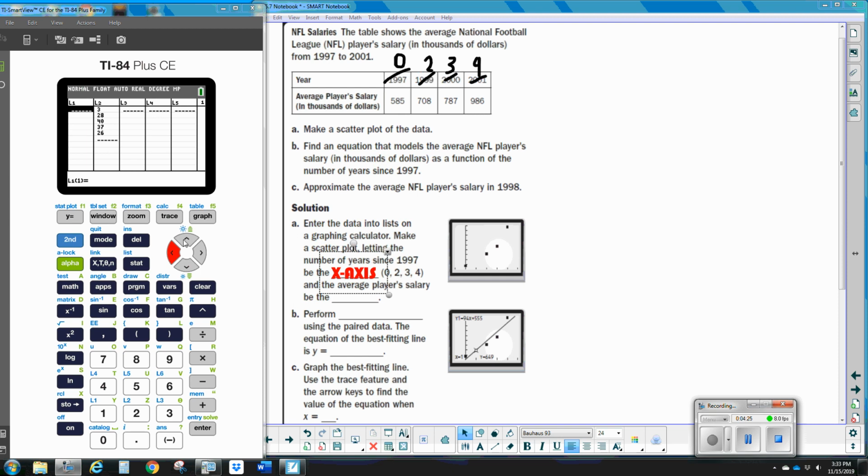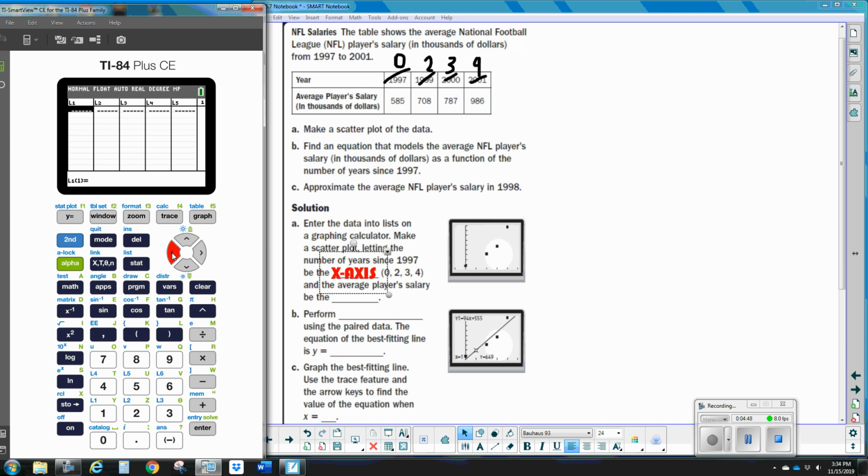So to clear my data, I'm going to go up to my list, and I cleared L1, and I'm now going to show you how to clear list 2. I moved using my arrows, I'm going to go up and select the actual L2 and press clear. And once I've cleared it, I'm going to press enter.